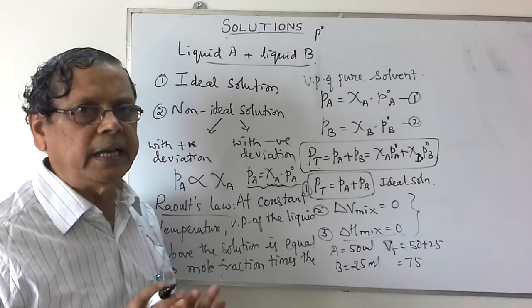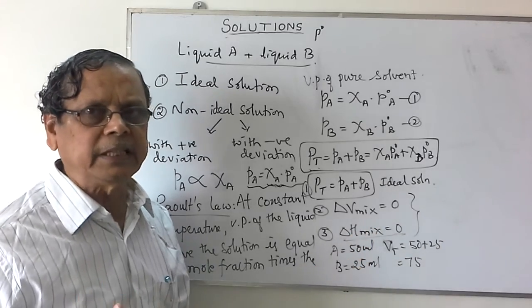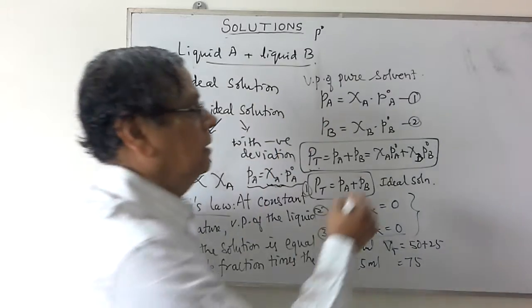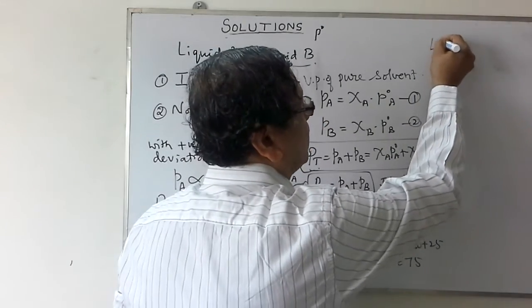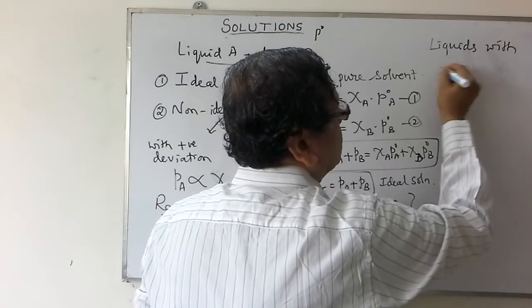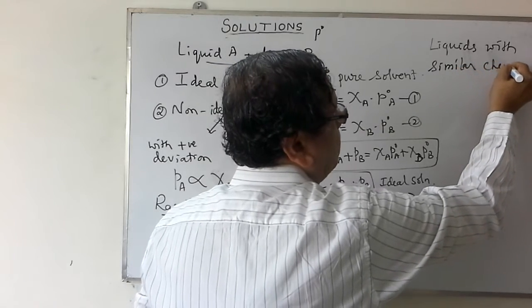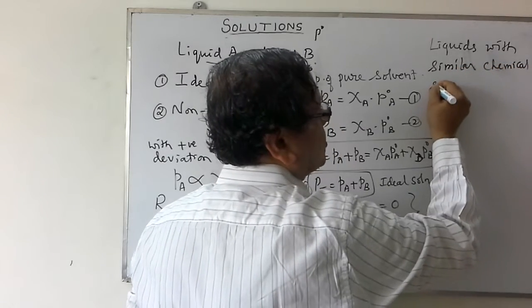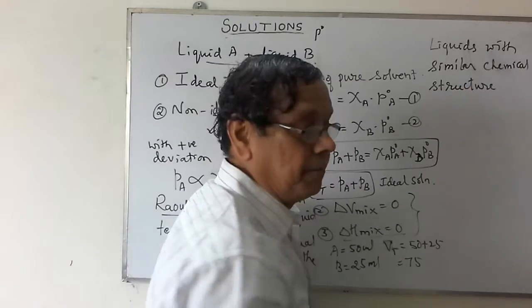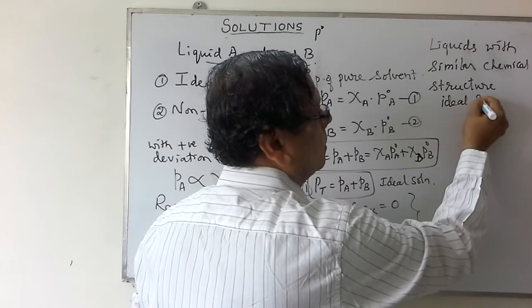To remember the examples for these three types of solutions, there is an easy method. For an ideal solution, when we consider liquids with similar chemical nature or chemical structure, or having similar chemical properties, such liquids will always form an ideal solution.